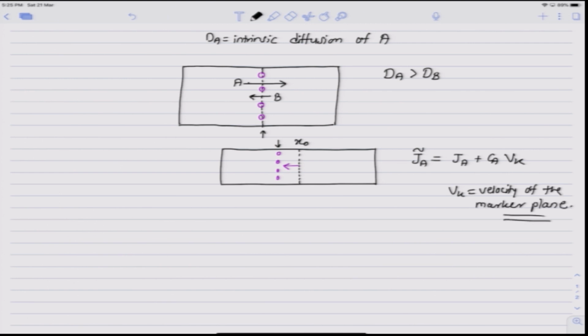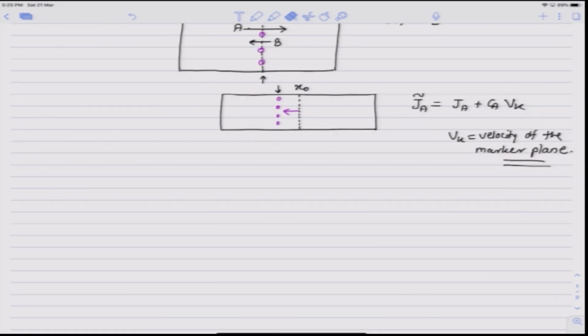This new frame of reference, that is the lattice fixed frame of reference, is also referred to as Kirkendall frame, and so we write the notation for velocity as V subscript K.